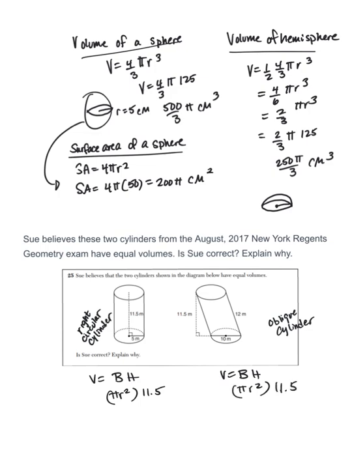Okay, and it ends up that the radius is the same in both of these. So we'd have pi times 25 times 11.5, and then over here we'd have pi times 25 times 11.5. You don't have to go further. These are equal. So is Sue correct?